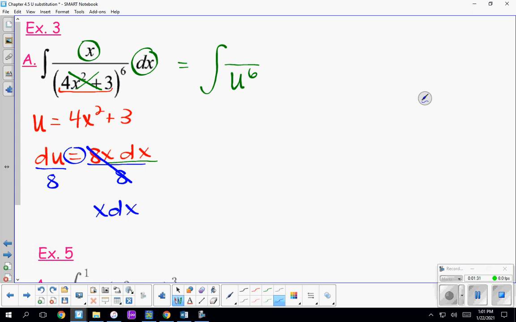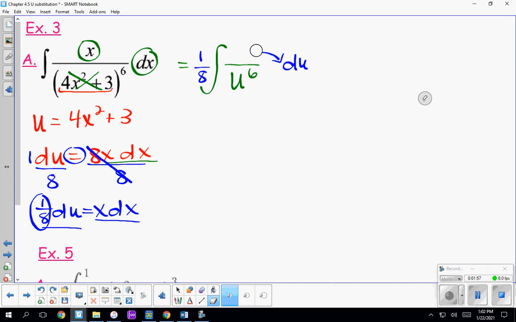So x dx equals 1/8 du, and that means I can swap out x dx and plug in 1/8 du. Since this is a coefficient, when I plug it in, I'm going to plug it in outside, and my du I'm going to put right here, since that's how we usually see these written.